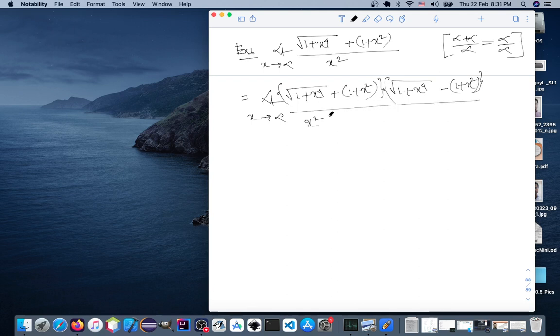After rationalization, the numerator becomes 1 plus x to the power 4 minus 1 plus x square whole square, which is 1 plus x to the power 4 plus 2 x square.